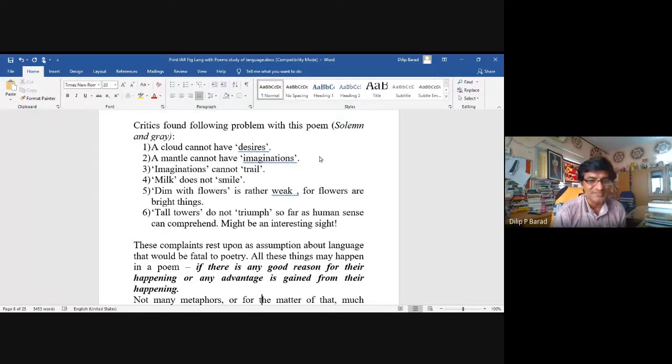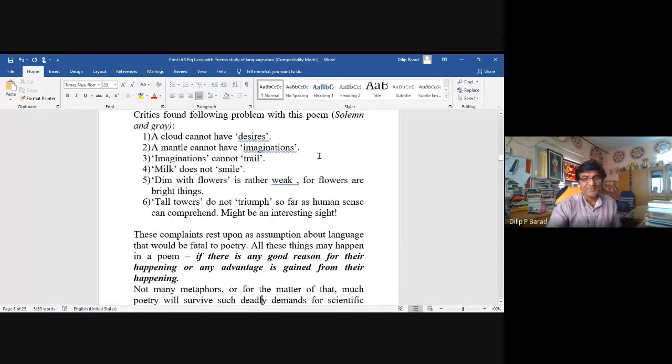So far as human sense can comprehend, it might be an interesting sight to see if towers are walking and moving on there. So these are some of the problems raised by over-literal reading, or reading the poetic language in a prosaic manner. Were you having the same questions when you were reading the poem?